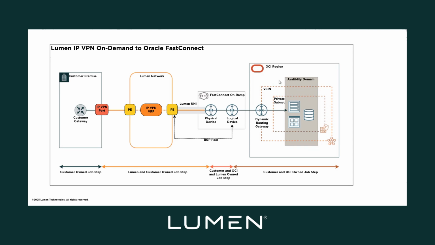So within Oracle, we need a virtual cloud network, this VCN, and we need a dynamic routing gateway. When we have both of those things, we can create the FastConnect OCID, or Oracle Cloud Identifier. It's essentially a token. We'll then copy that token, we'll bring it into the Lumen portal and establish the connection.